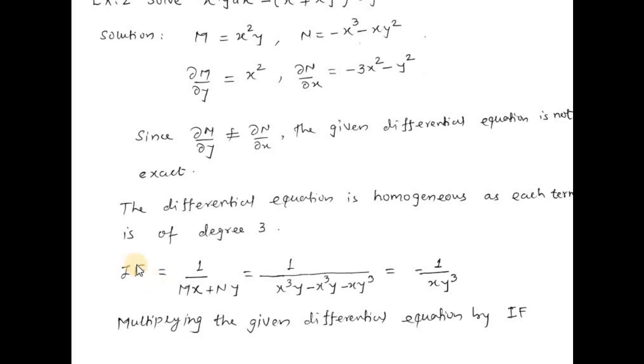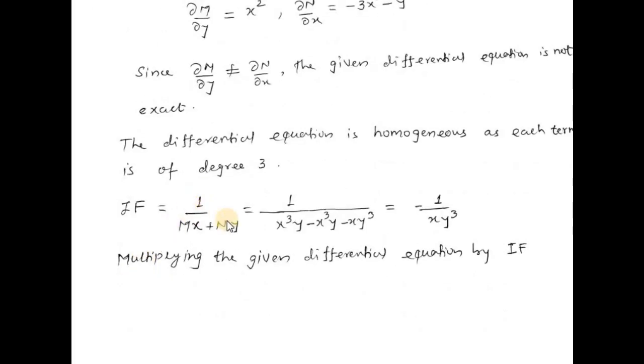So integrating factor is given by 1 divided by mx plus ny, which is equal to 1 divided by x cube y minus x cube y minus xy cube. So here x cube y cancel out. So ultimately it will be minus 1 divided by xy cube.